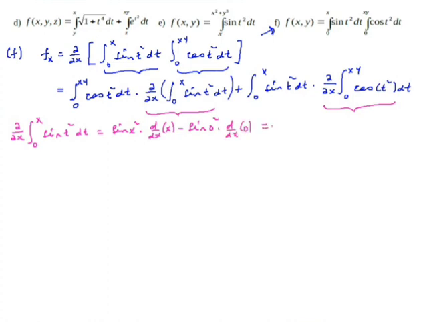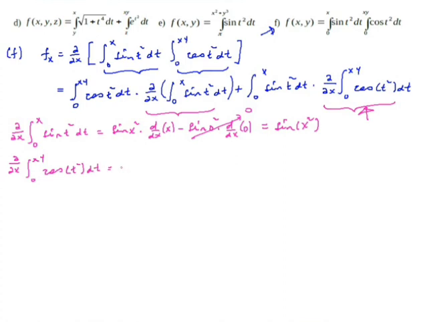This term is 0, so what this gives us is sine of x square. Again we have to evaluate this part similarly: the partial derivative of the integral from 0 to xy of cosine of t square dt.